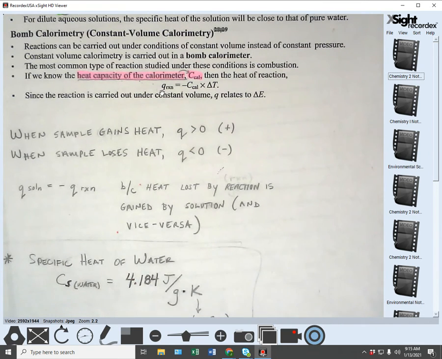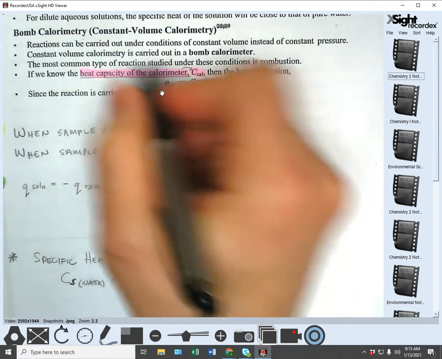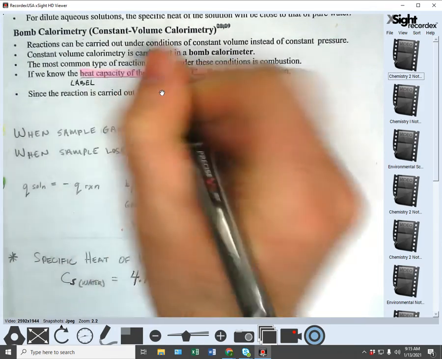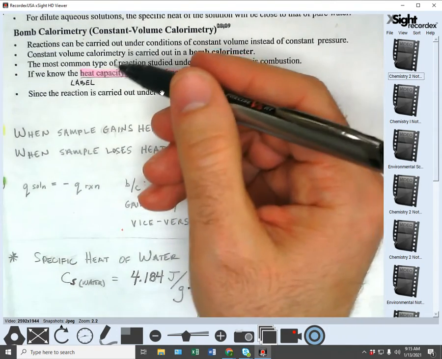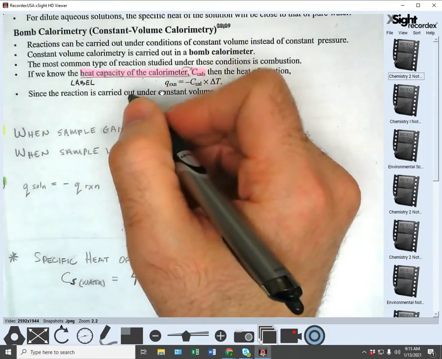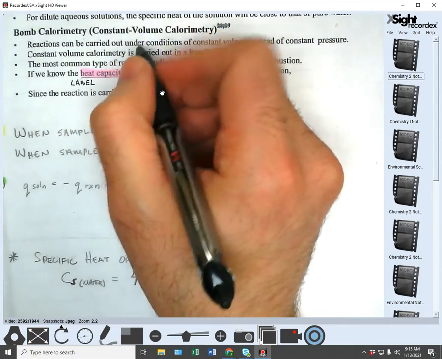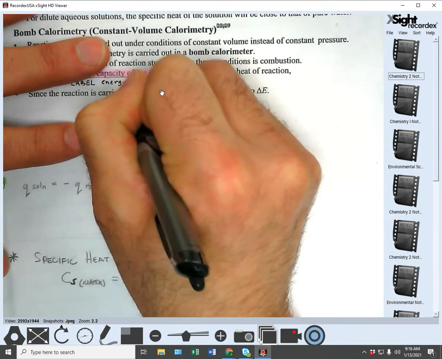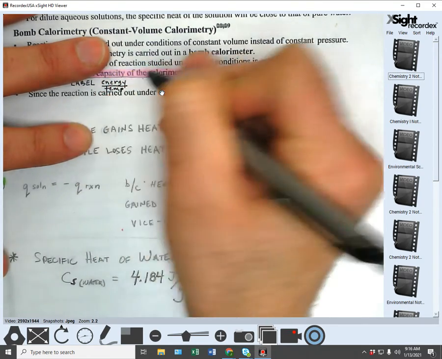The heat capacity for a bomb calorimeter, the label for the heat capacity of the bomb calorimeter will be in joules or kilojoules, so energy over temperature label.